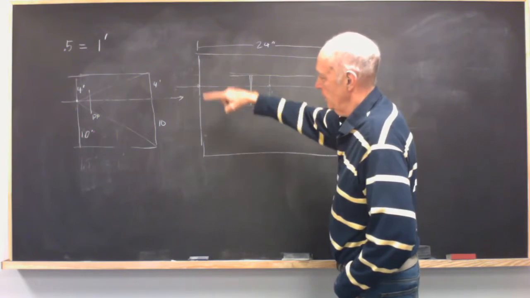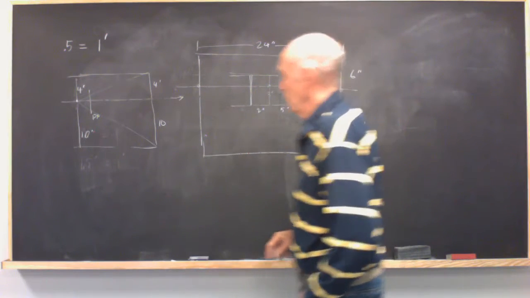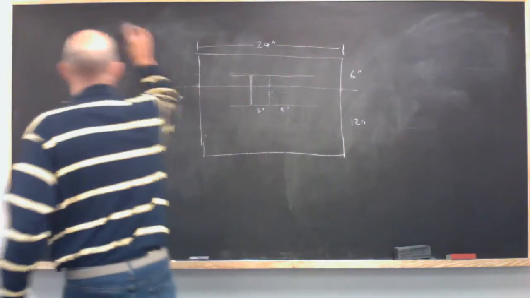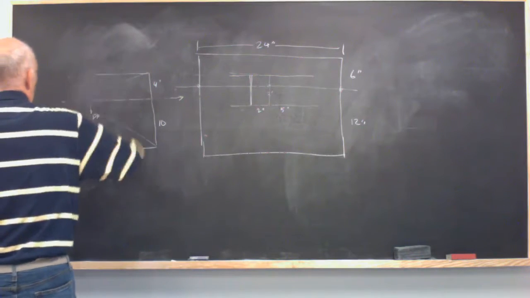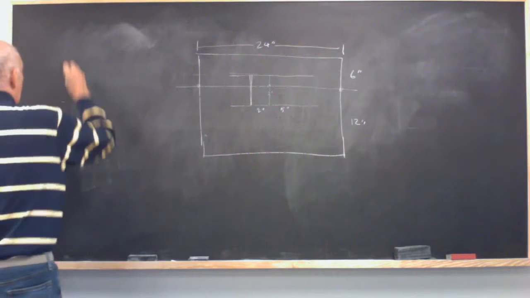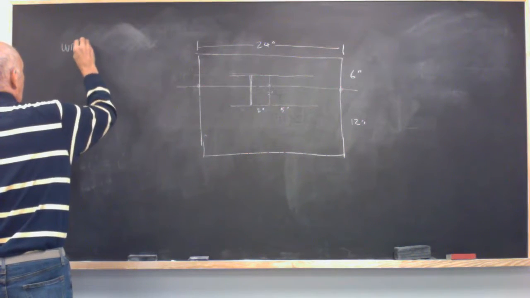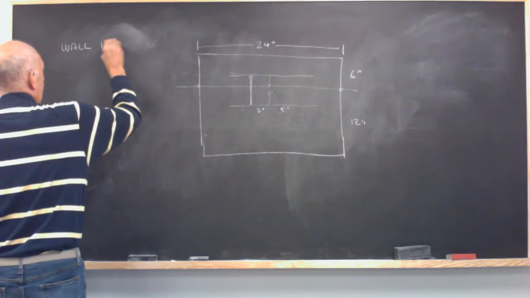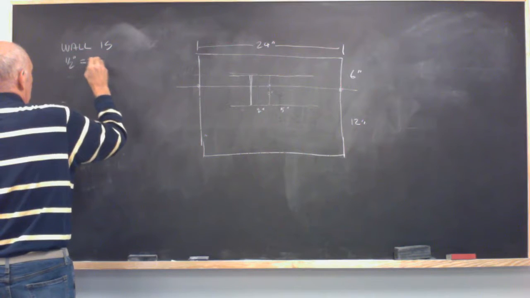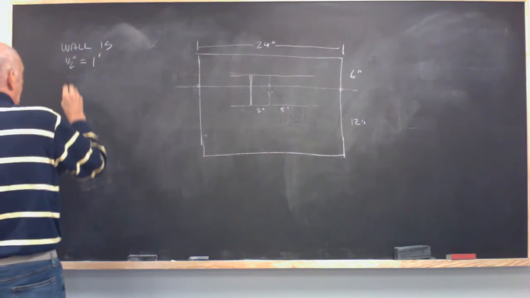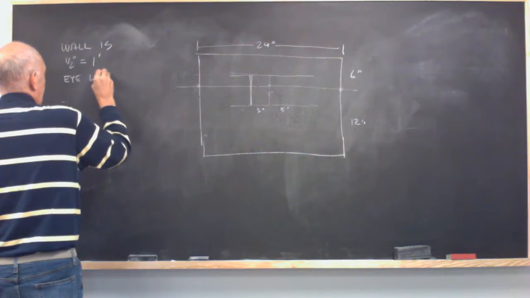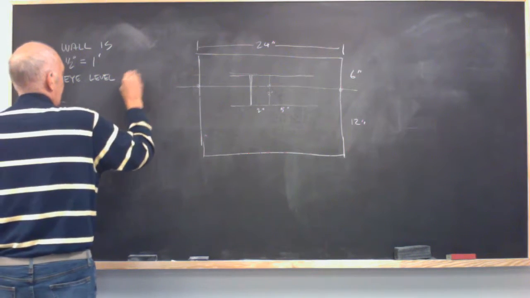So what's the size of this wall? 14 feet. So this wall is, to scale, 1/2 inch equals 1 foot. Eye level, 6 feet.